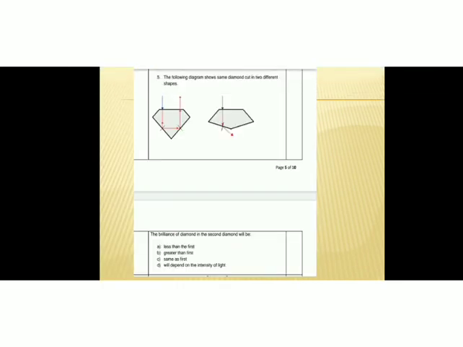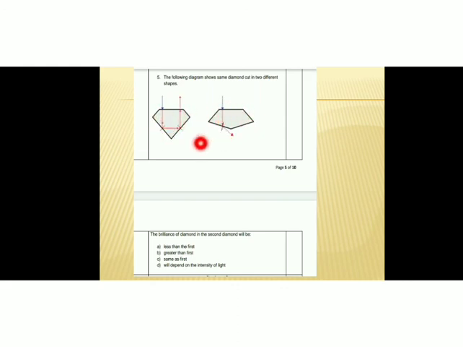Now see the fifth question. The brilliance of the second diamond will be, it's very clear, less than the first one. Why? Because in the first diamond, multiple total internal reflection occurs. Due to that, the sparkling effect is observed. The actual reason for the brilliance of diamond is the multiple total internal reflection, and it is more in the first diamond.